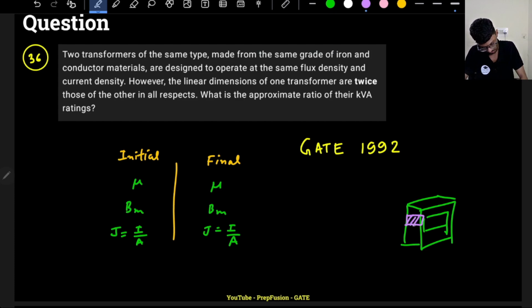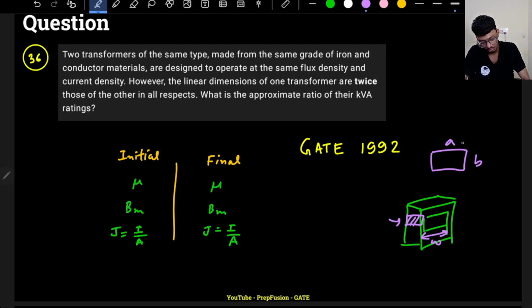This cross section can be written with some sides A and B, and of course another dimension is there, the width of the transformer, that is W. So these are the linear dimensions. So all the linear dimensions are doubled.